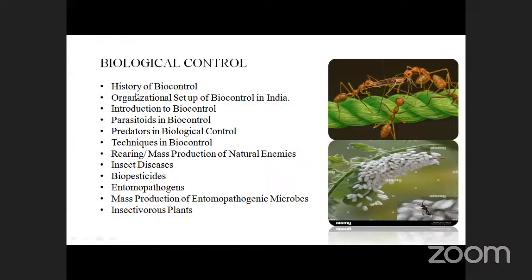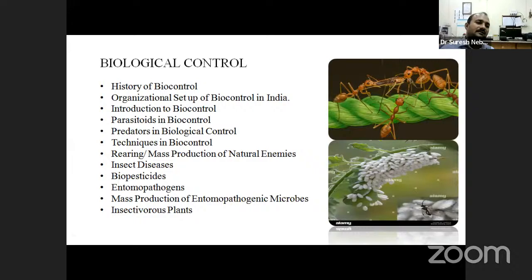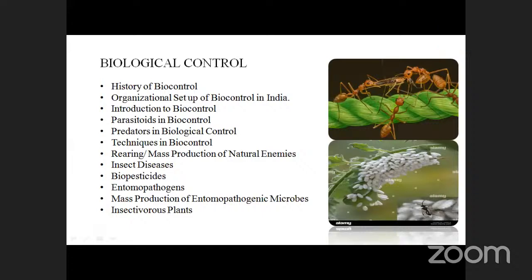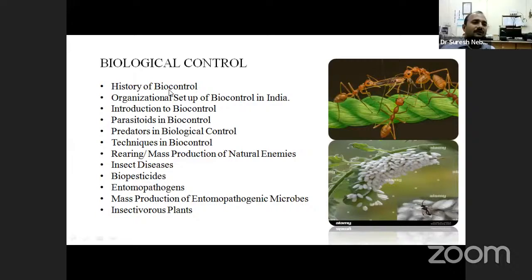Here, history of biocontrol. If you are a DBAC scientist, you may be knowing it now. What is the history of biocontrol? It is given nicely in the KP Srivastava book, which I think will be sufficient. Or even your Entomology at a Glance, the Saxena book. In that also they have given very good explanations and questions on biocontrol.